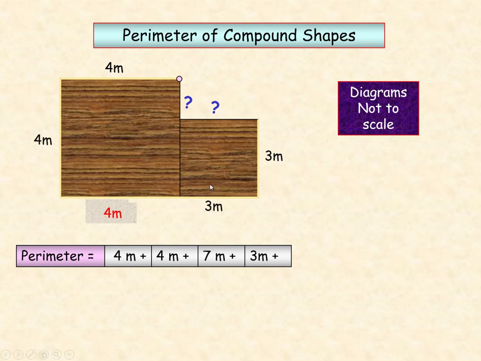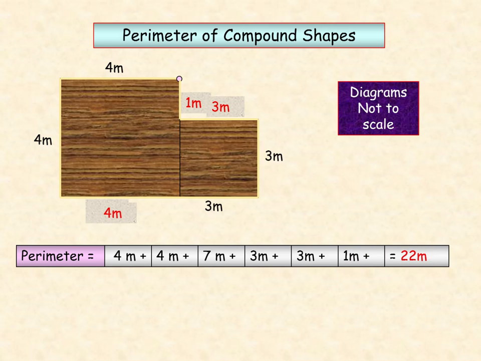So another square, so that's also going to be 3. So I can add 3 again. Now what's that missing section here? This is 4, and this square is 3. So 4 take away 3 is 1. I need to add that 1. Now I can add them all together. It's going to give me 22 meters altogether.